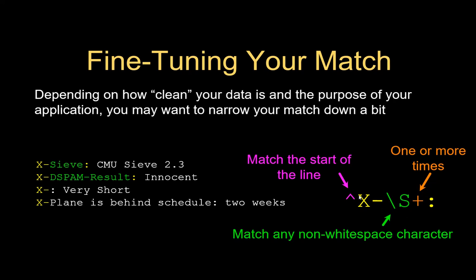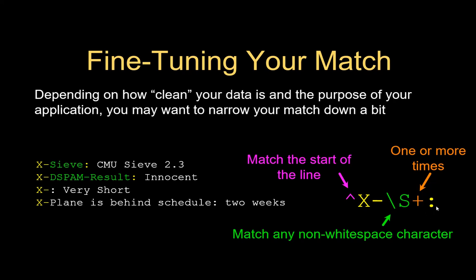So if we have capital X dash space, we would not be interested in that, and that would not be in our output result, because it's a white space character. So we put \S, and we have plus, and plus in this case means one or more times of the character before it, which is a non-white space character. Star was 0 or more times, but plus is 1 or more times.